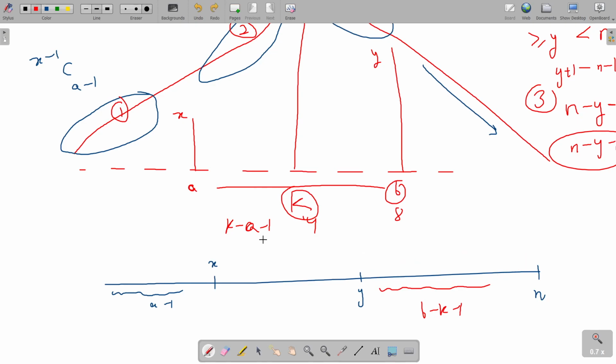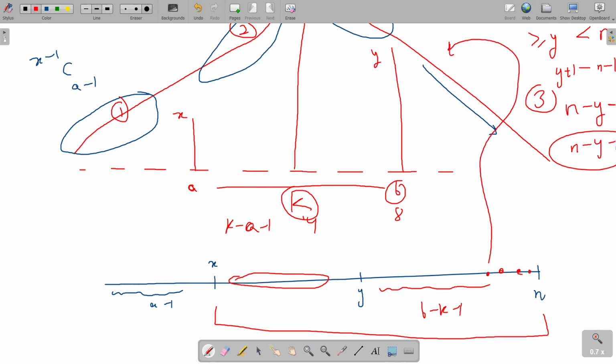Because if you only picked values from here, and there were some indexes which were left remaining, then these indexes have to go in the last range, but these values will be greater than y. So you won't have a descending arc.